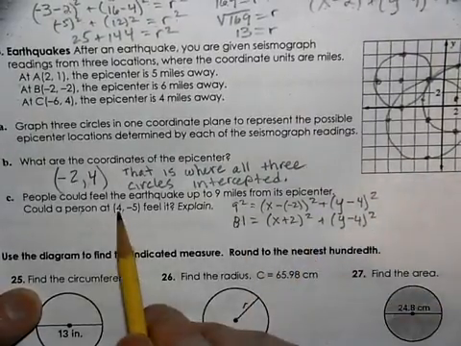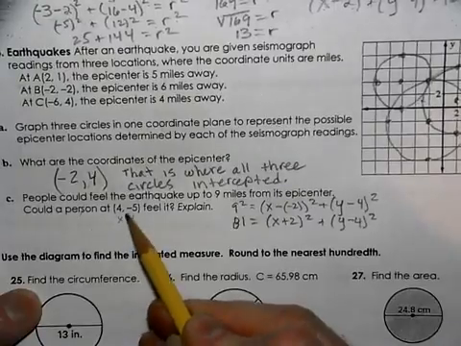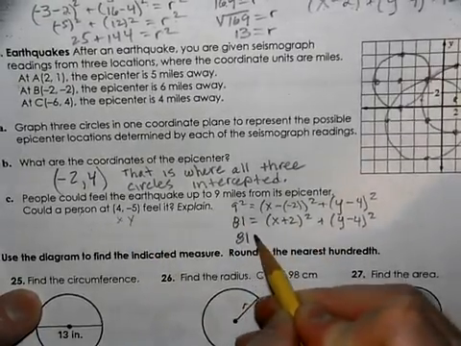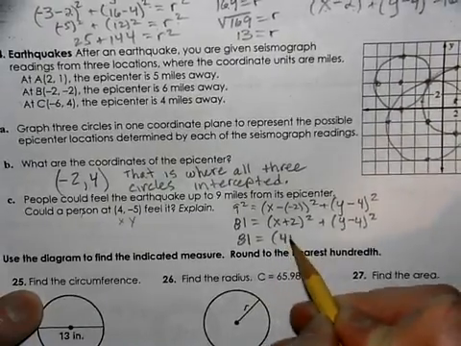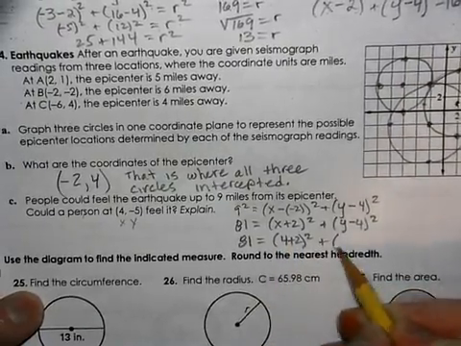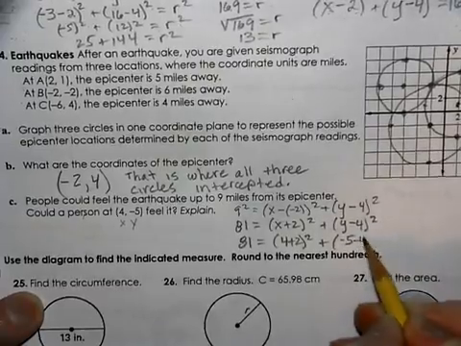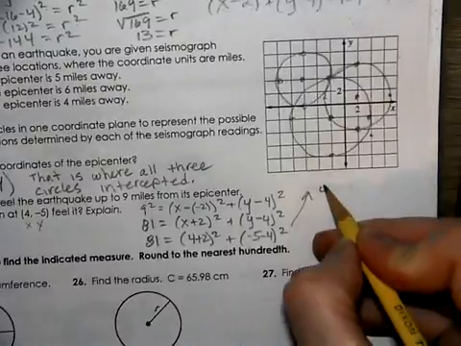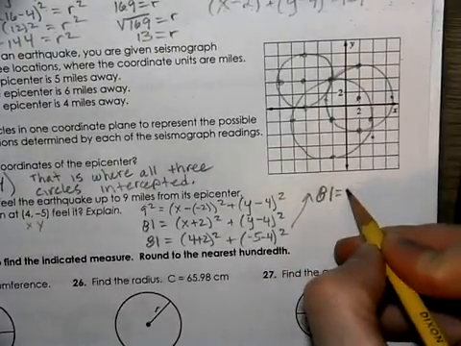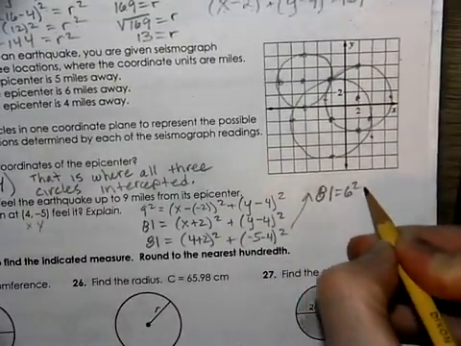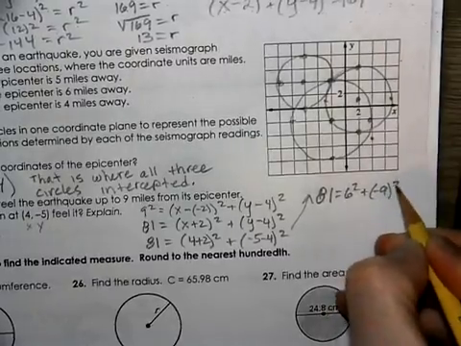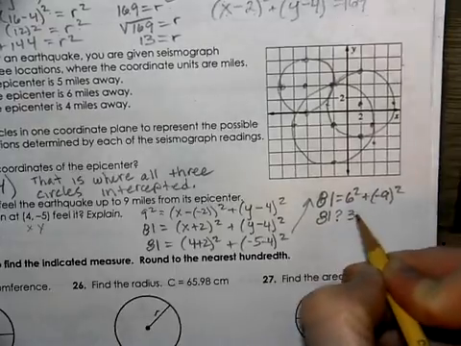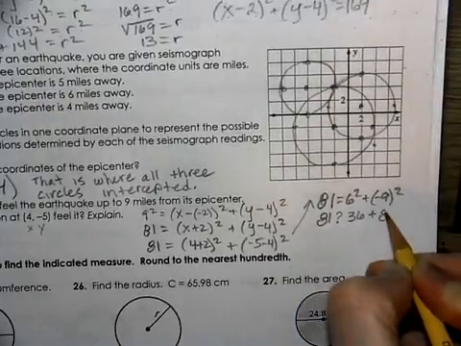Now what we need to do is plug in our x, y to see if these are going to equal each other. So 81 equals (4 plus 2) squared plus (negative 5 minus 4) squared. So 81 equals 6 squared plus negative 9 squared. Does 81 equal 36 plus 81?